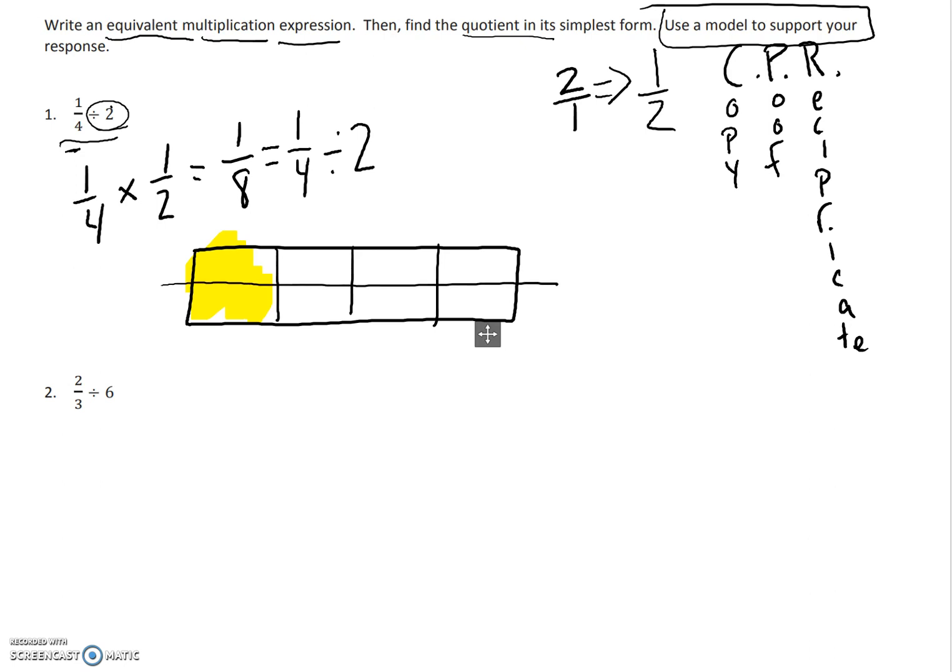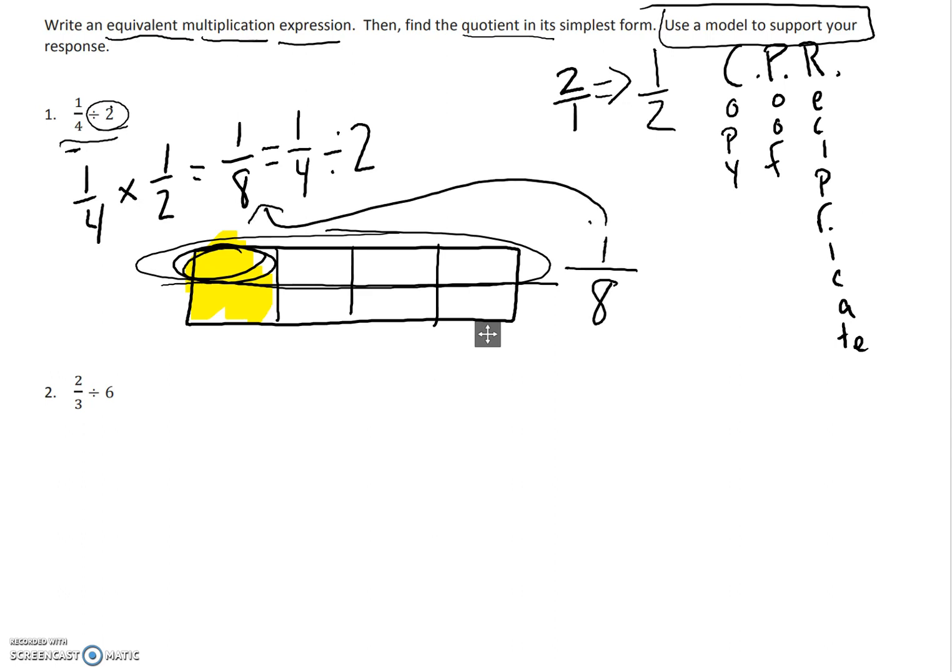I'm going to take this one row, remember I always take a row, and I see I have 1 part shaded, and my total is my denominator. So I have a total of 1, 2, 3, 4, 5, 6, 7, 8 pieces, 1/8, and you'll notice that matches.